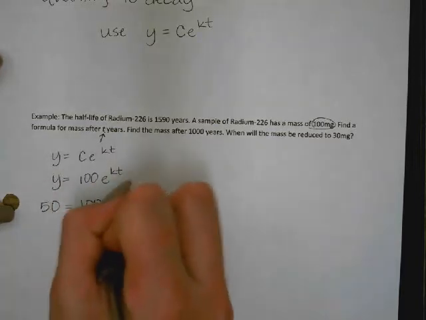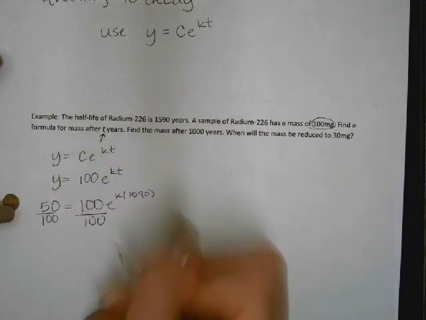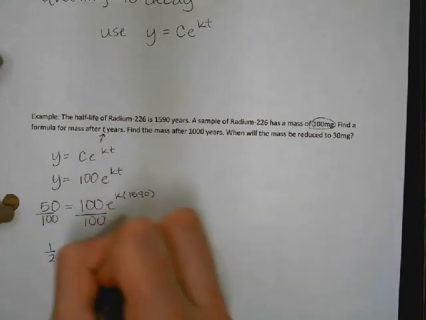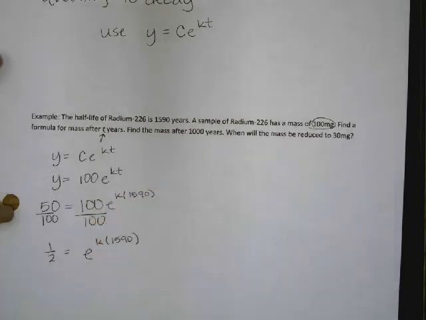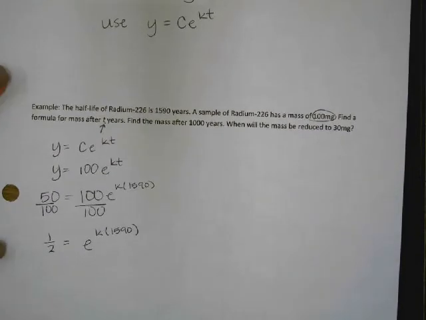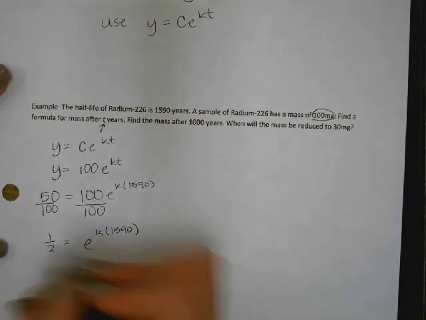So I'm going to divide the 100 over, and I get 1/2 equals e to the k times 1,590. And when you do half-life, this will always happen. You'll always have 1/2 when a half-life has occurred. And then we'll go ahead and ln each side.